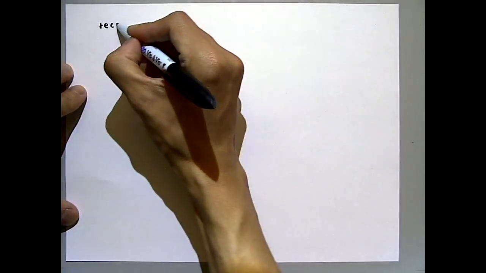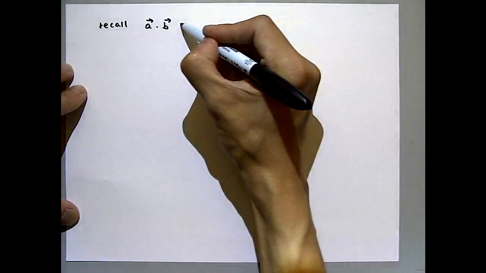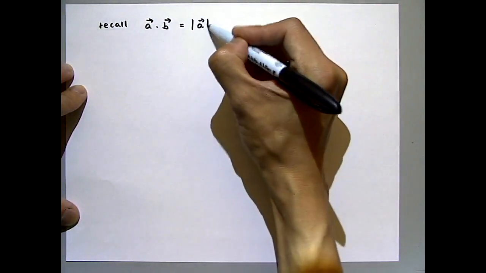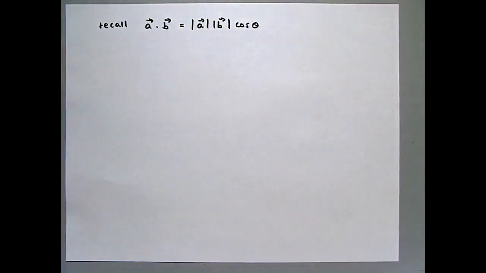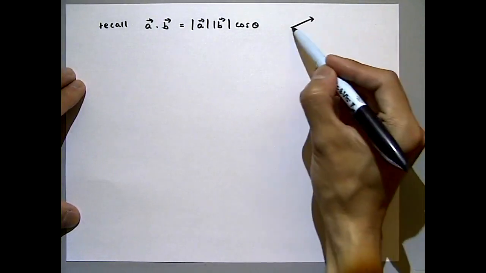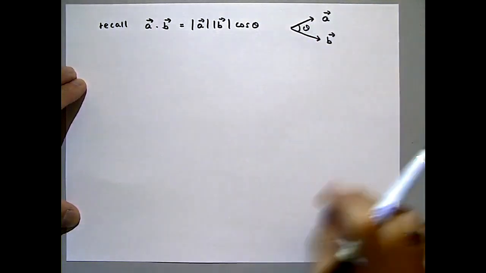Okay, let me do this on the next page. So first of all, let's revisit the dot product. If you dot two vectors, a dot b, remember you get the magnitude of a, the magnitude of b, times cosine of theta, where theta is the included angle between the two vectors. Okay, we know that.